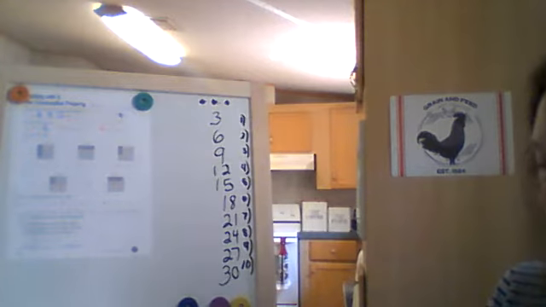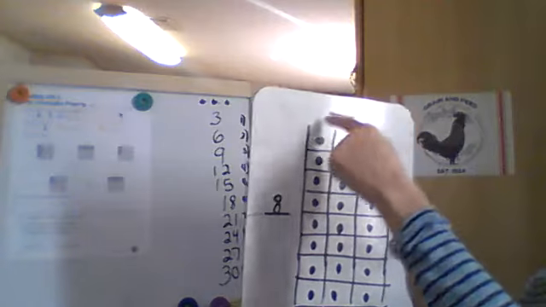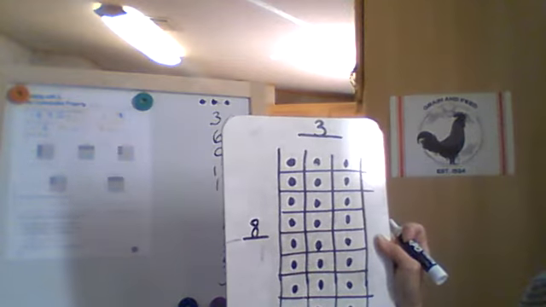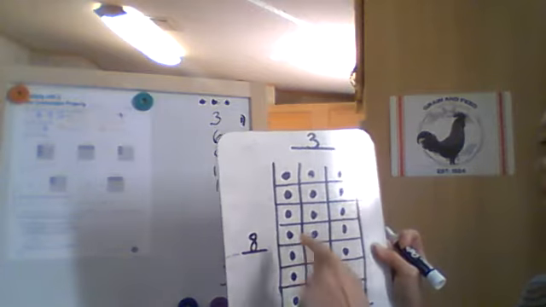So I go 3, 8. 3 columns, and every column has 8 dots.